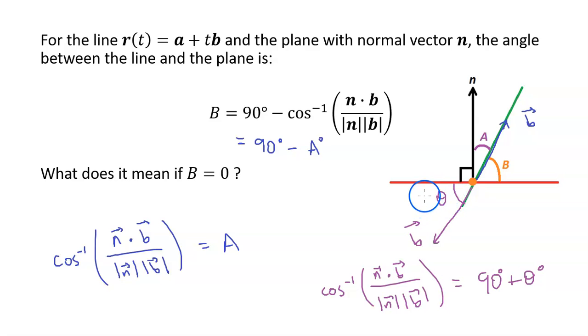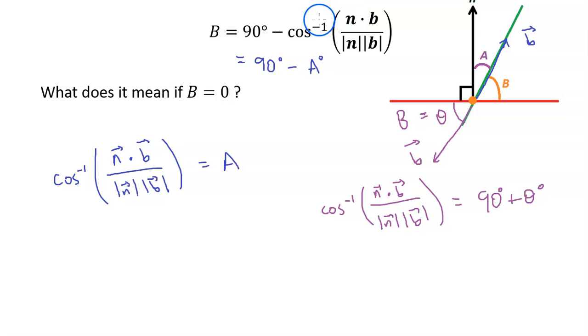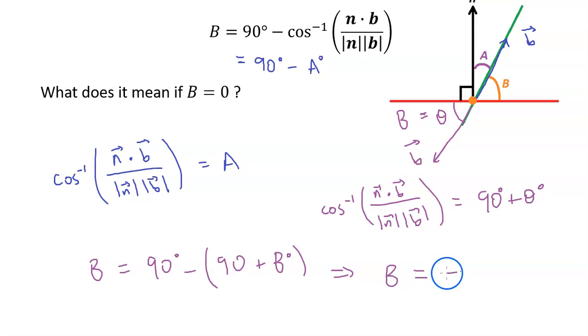And observe also that theta is equal to B. And so if we put this into our formula, we get B is equal to 90 degrees minus this thing, which we figured out is 90 plus B. And so we get that B is equal to negative B. So, big mistake here.